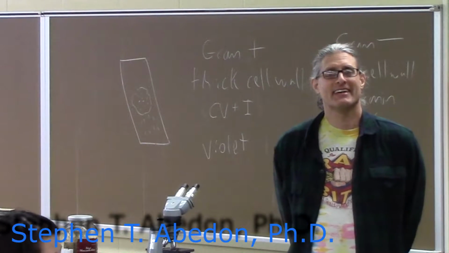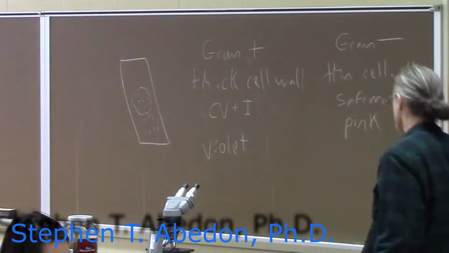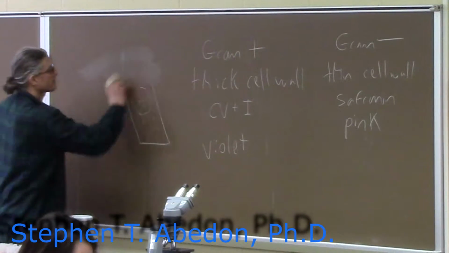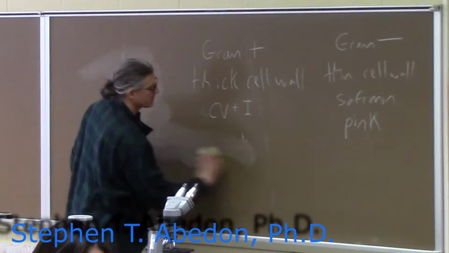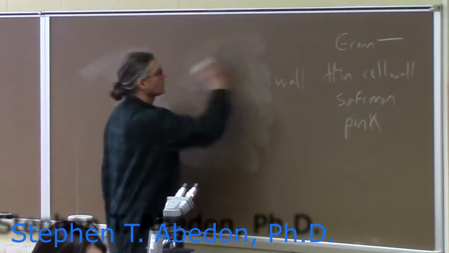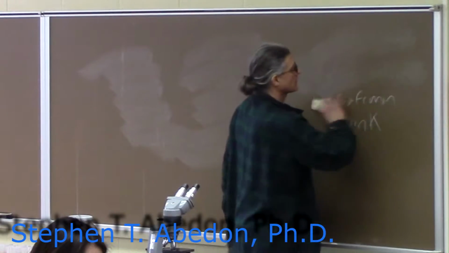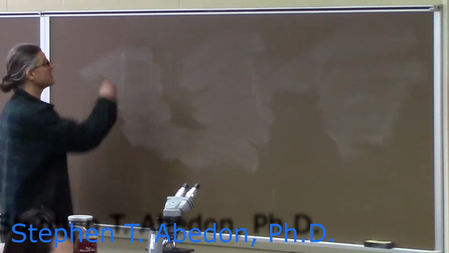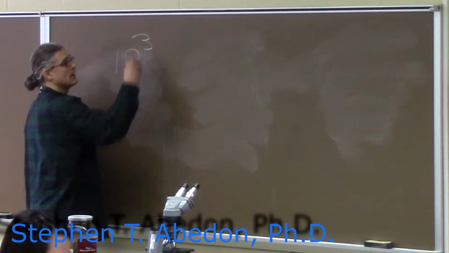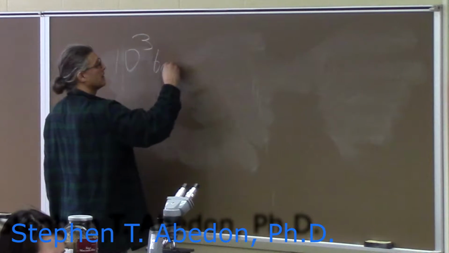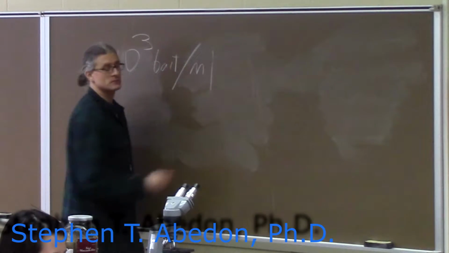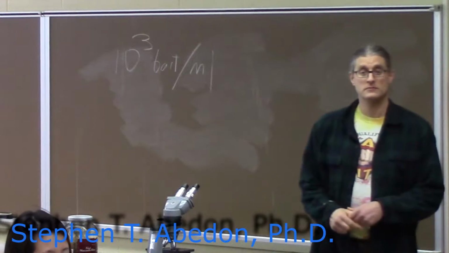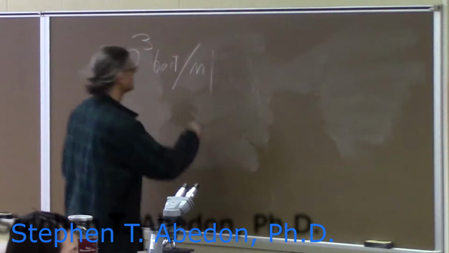Okay, so if you have 10 to the third bacteria per milliliter, setting up the problem. So you said 10 to the third bacteria per milliliter, which isn't a lot of bacteria, and you place 1 milliliter in 9 milliliters of dilution.